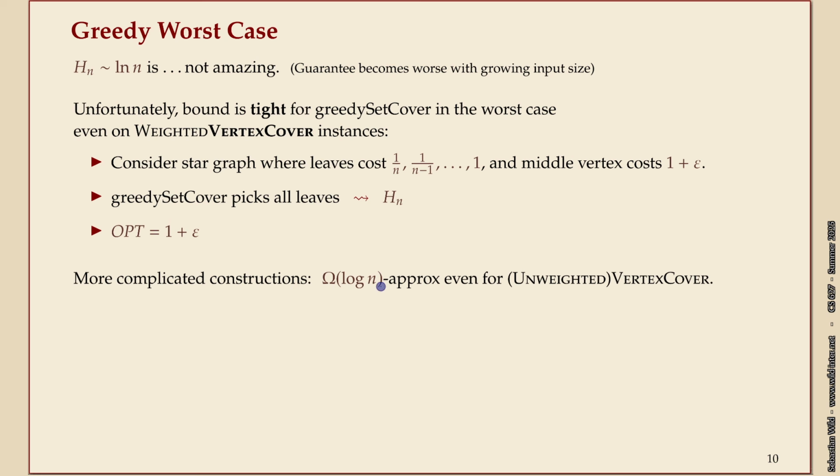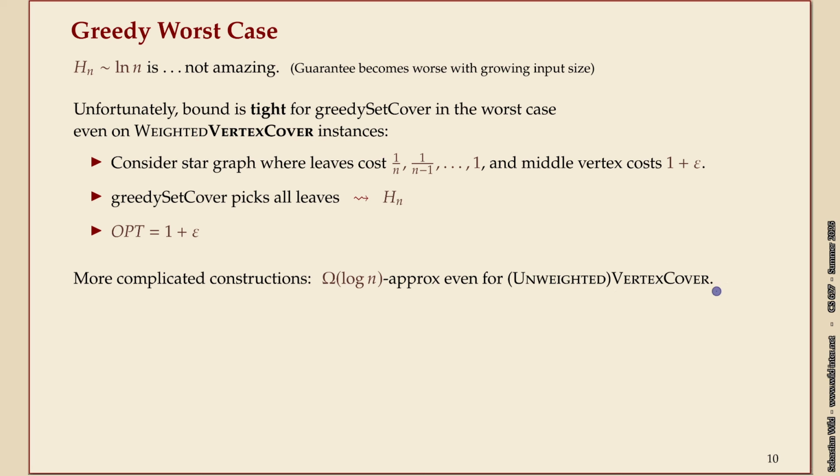You can even boost this construction for the unweighted vertex cover problem. That's more tricky, and I don't think that's super insightful, but it's a nice puzzle to think about. You can show that even if you take the unweighted vertex cover, the greedy algorithm, as we've shown it, is not going to work well.